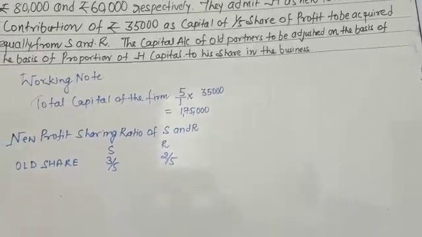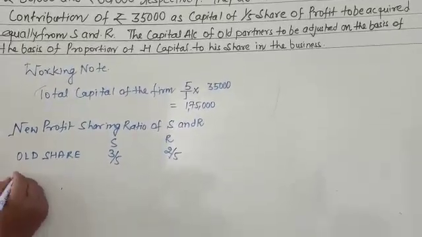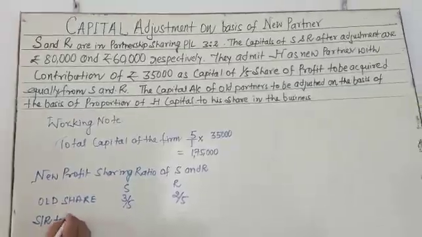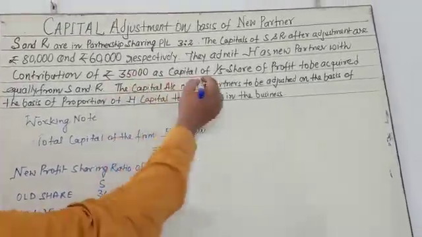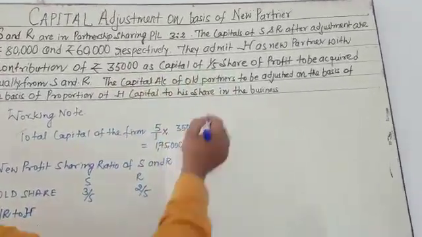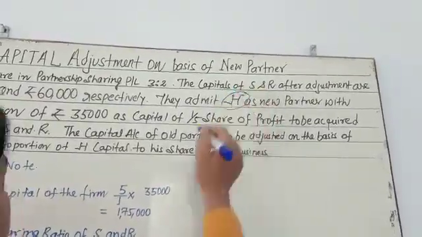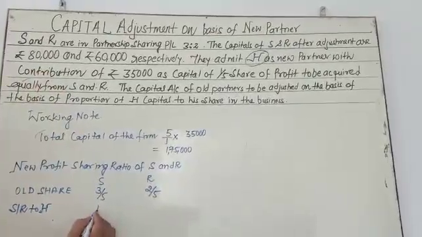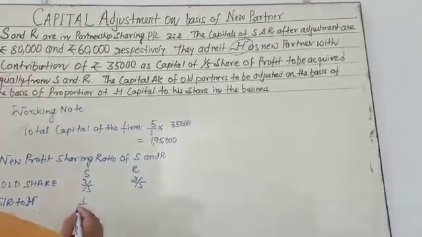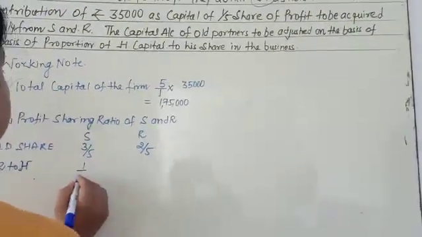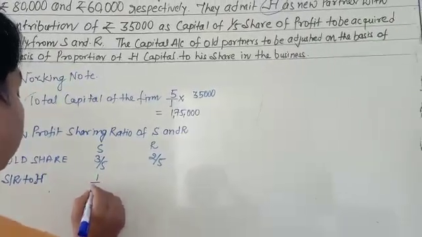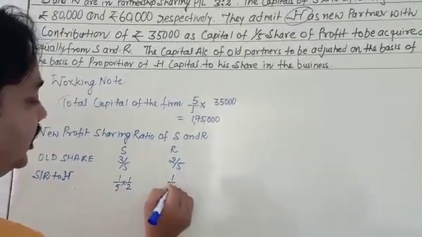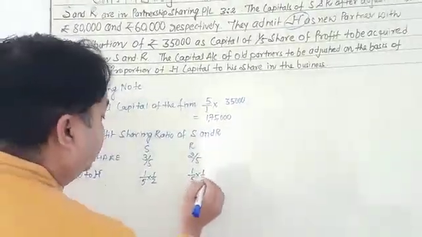Whatever they transfer means they sacrifice towards H. H is the new partner in this question. Towards H equally means 1/2, so you have to calculate 1/5 multiplied by 2.